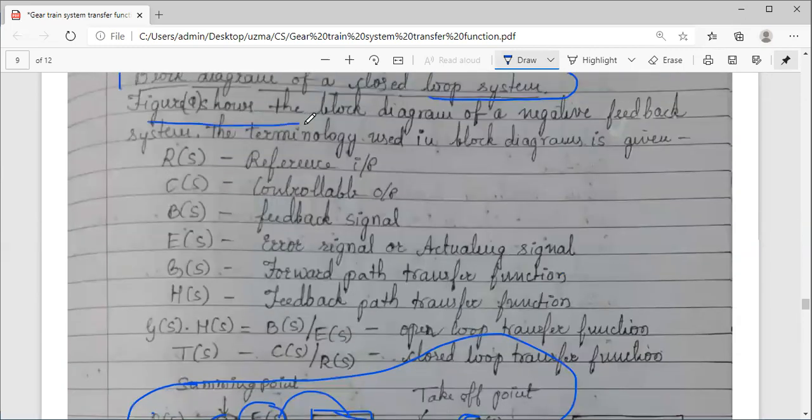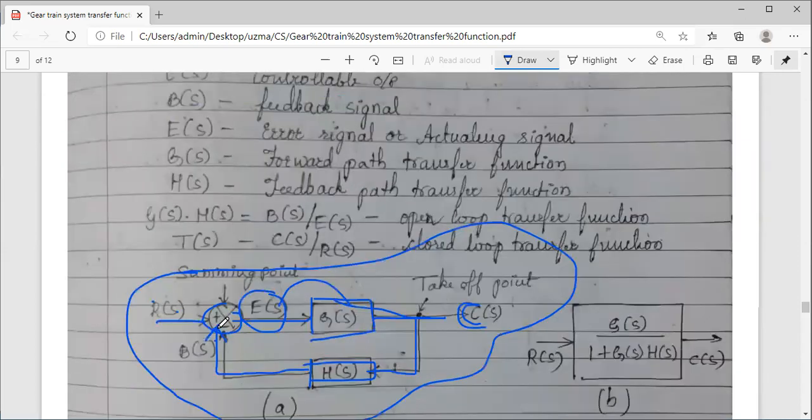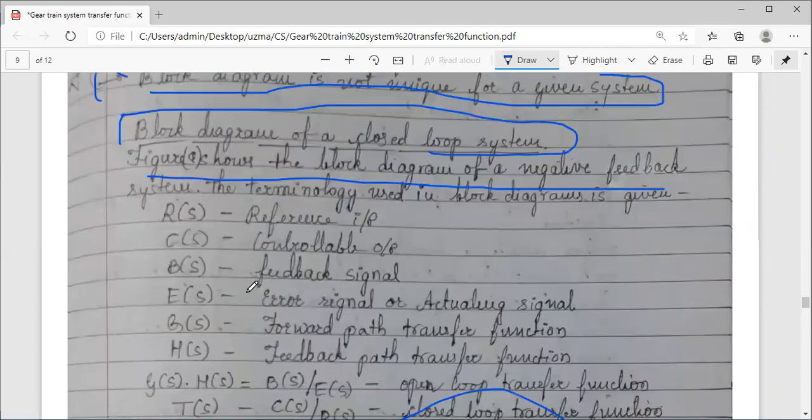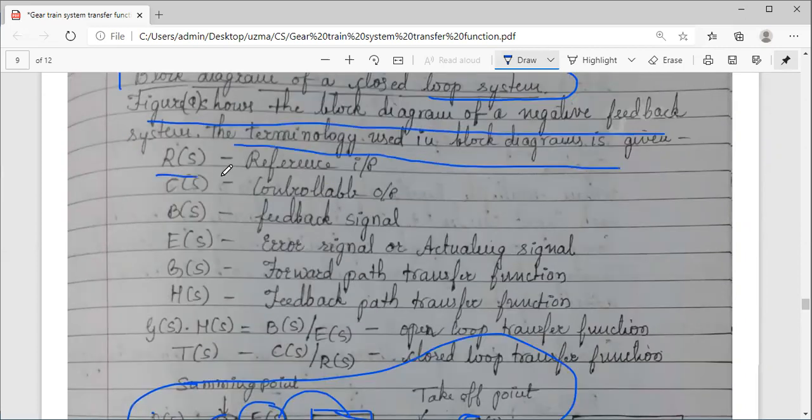Figure shows the block diagram of a negative feedback. See here, there is a negative sign. You're subtracting it with the reference input. So this is a negative feedback system. Some of the terminologies, the symbols which we use in these block diagrams are: R of S is your reference input, C of S is your controllable output, B of S is the feedback signal.